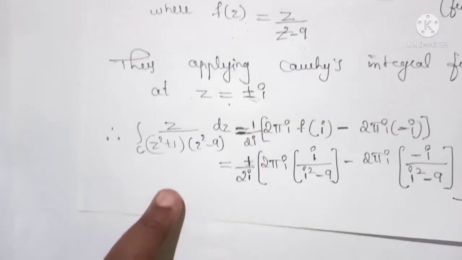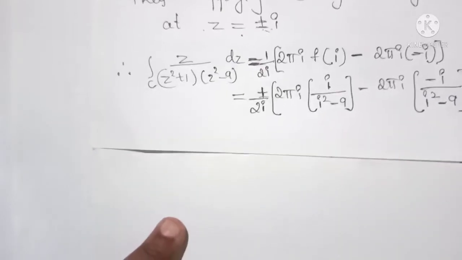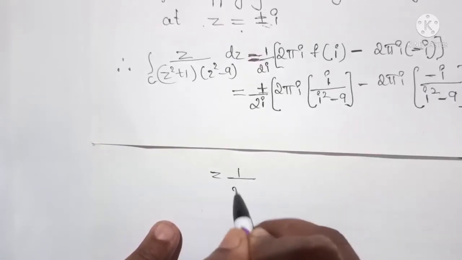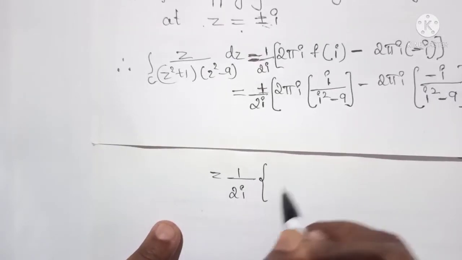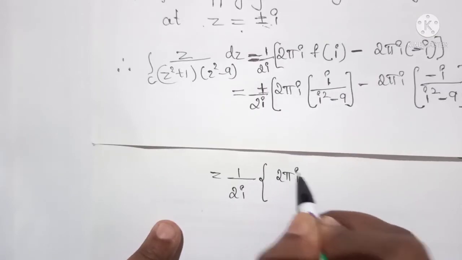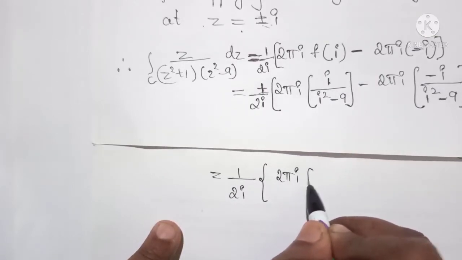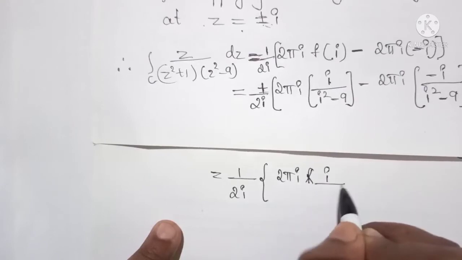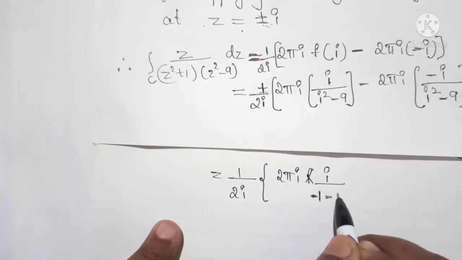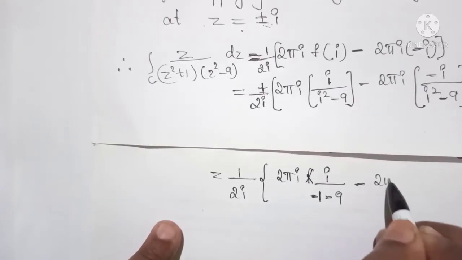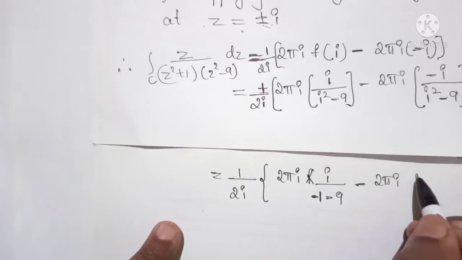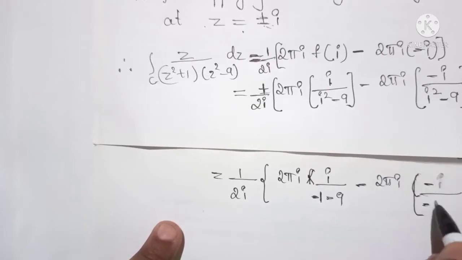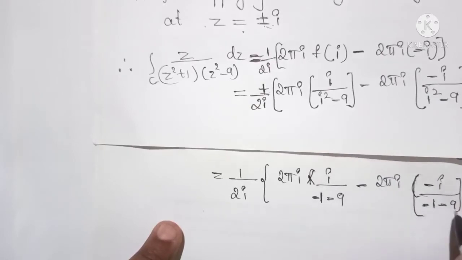So further simplifying we get 1 divided by 2i, 2 pi i. So it is i divided by i square value, which is minus 1, minus 9, 2 pi i, minus i square value minus 1 minus 9. Okay.